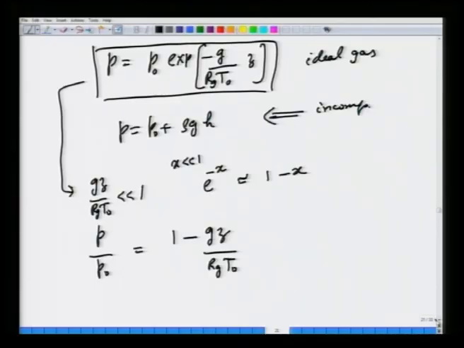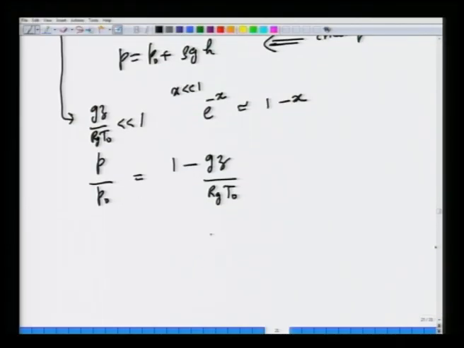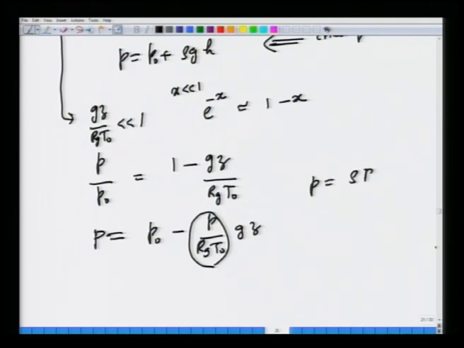Now, P is P naught minus P by Rg T naught times g z, but from the ideal gas law P is rho Rg T naught. So, P by Rg T naught is nothing but rho.